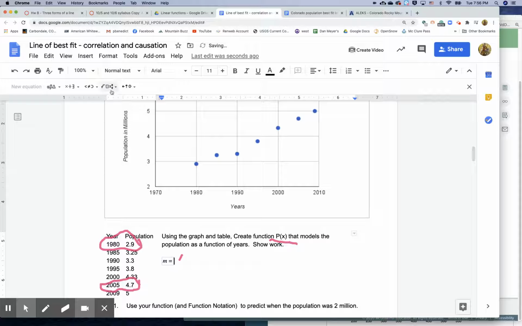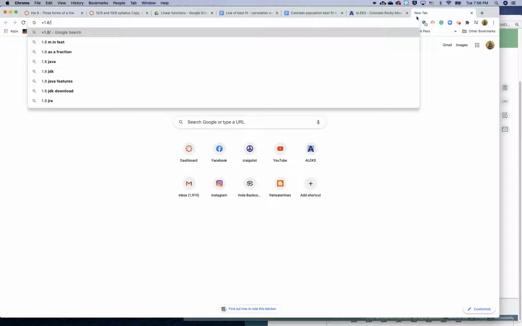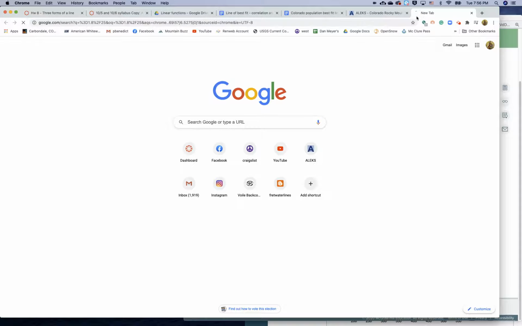So m is going to equal, what's that going to be? 4.7 minus 2.9 all over 2005 minus 1980, which if I do all that math, that's going to be 1.8 divided by 25. Up here and see what that is, equals 1.8 divided by 25, so 0.072.